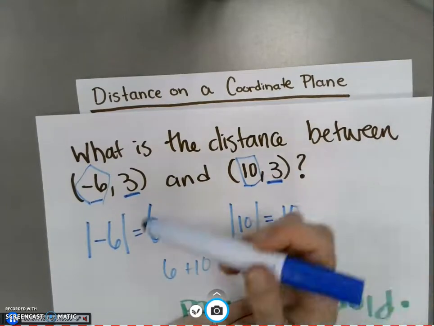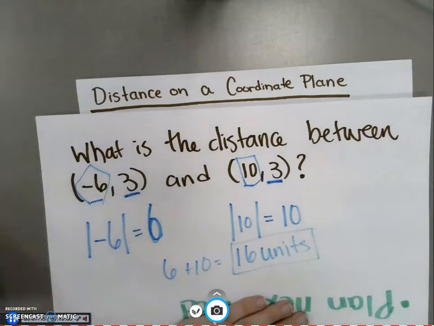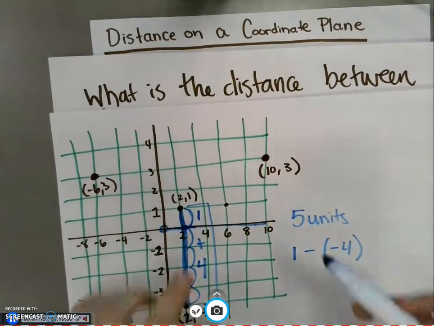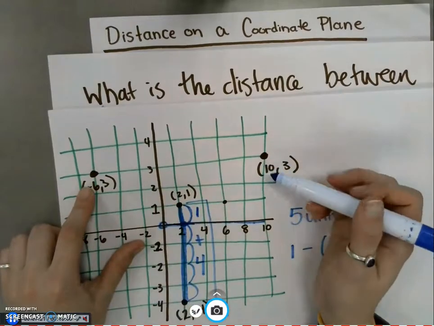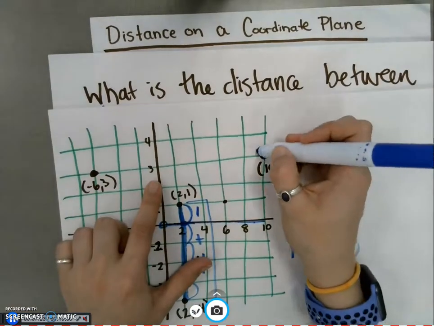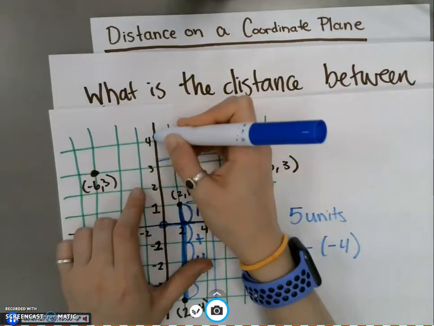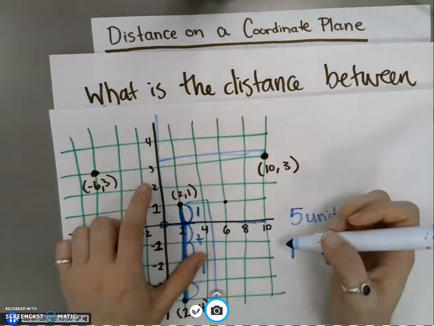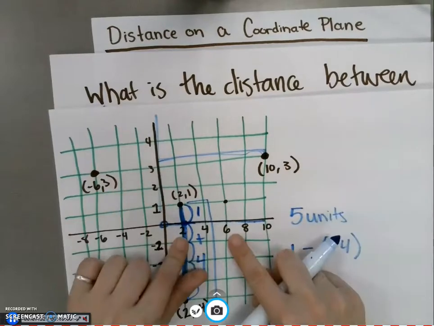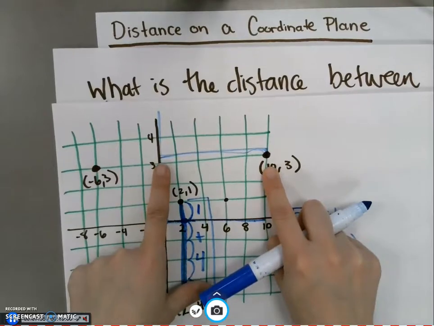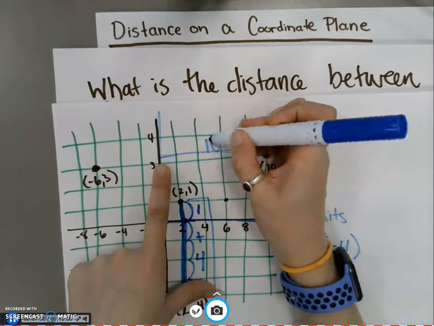If this is not really working for you, you are a visual person, go ahead and draw yourself a graph. You can plot these points, and then it is easier to see the distance between this point and my y-axis. Don't be fooled, don't think it's 5. Remember, you have to check your intervals. This is the point 10, so to get from 0 to 10, you have to go 10 spaces.